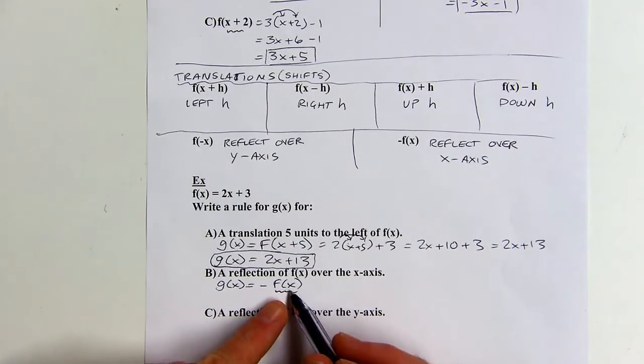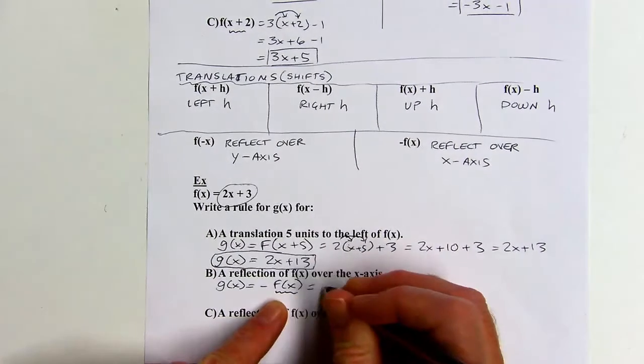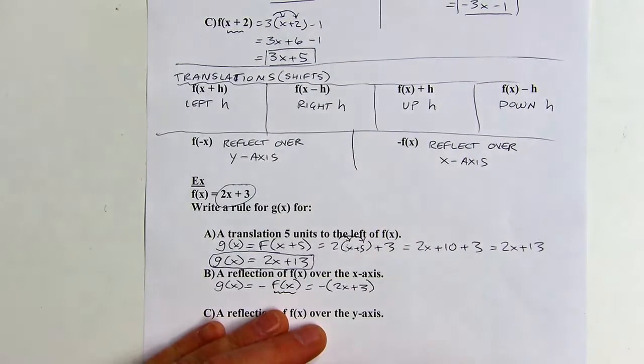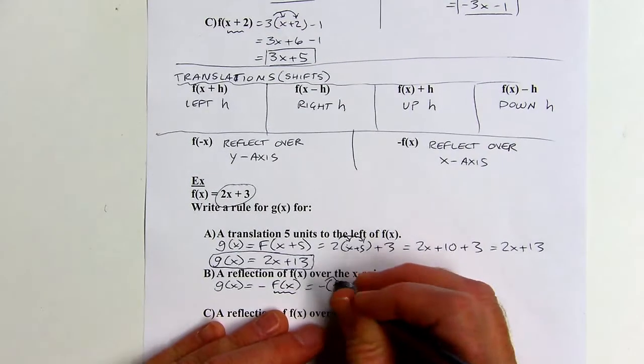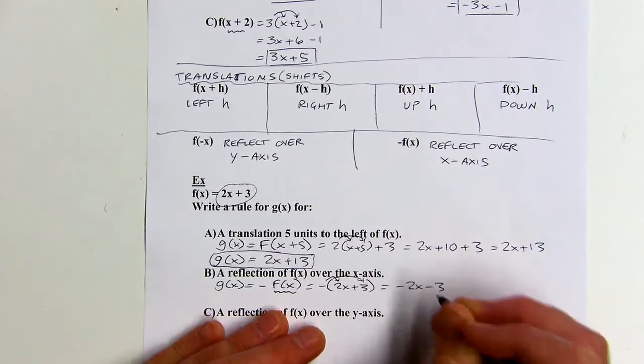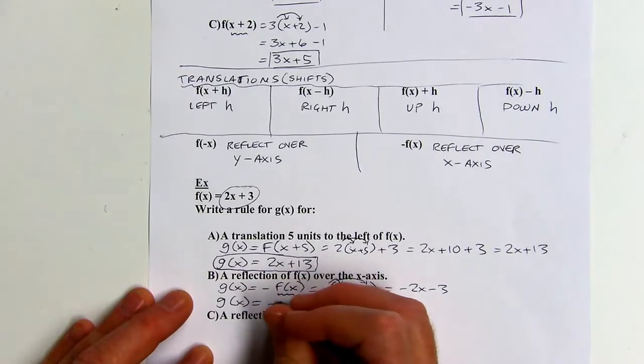I'm going to replace f of x with the quantity 2x plus 3. When I substitute, I'm going to use parentheses so I don't forget to distribute that negative. This is going to give me negative 2x minus 3. So g of x is going to equal negative 2x minus 3.